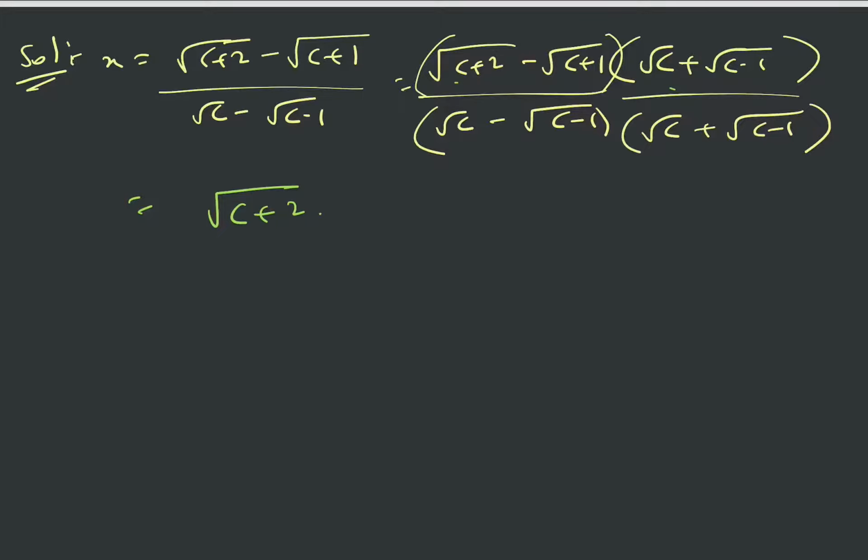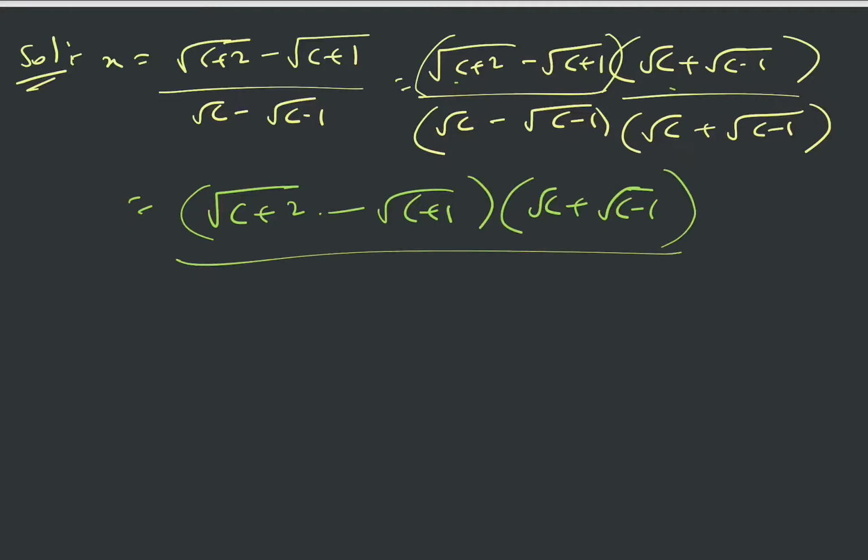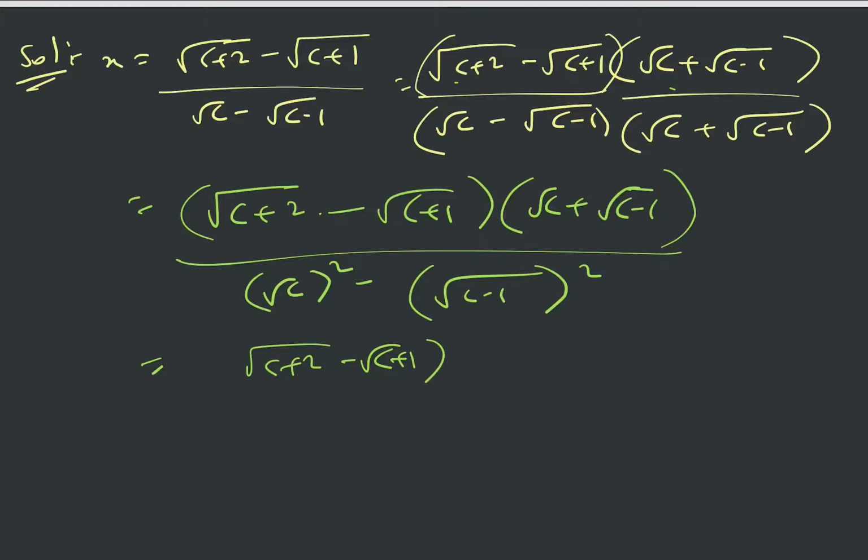Okay, this is root c plus 2 into, let us just leave this as it is, numerator thing, into root c plus root c minus 1 and divided by, this is root c whole square minus root over c minus 1 whole square, right? So this is root c plus 2 minus root c plus 1.